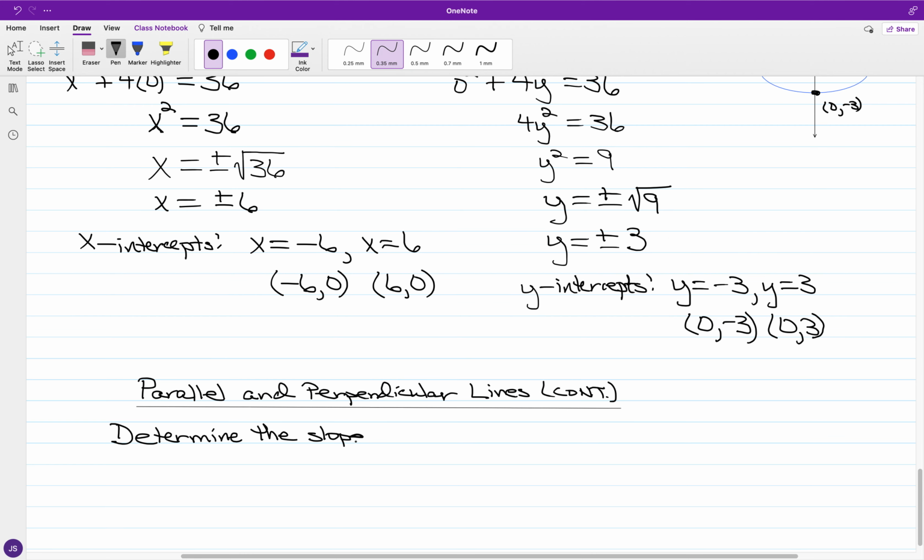Let's say I'm looking at determining the slope-intercept equation of a line.